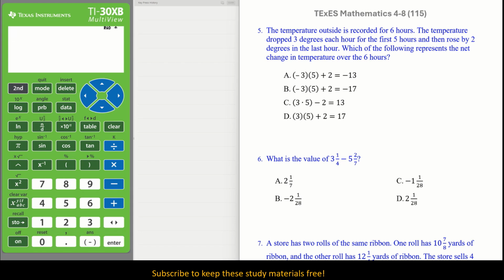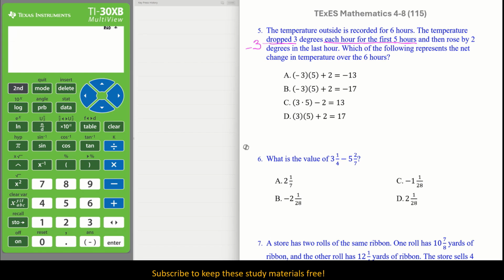Okay, well, the first thing I notice very quickly is that dropping by 3 degrees means minus 3. And then if you do that for each of the first 5 hours, well, that's going to mean that you have a -3, 5 times. Well, that's a negative value.